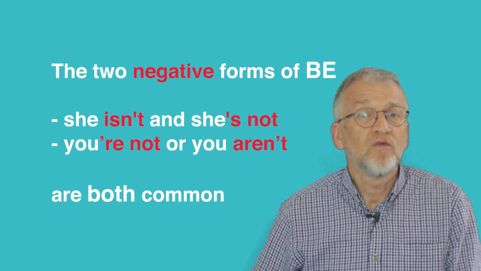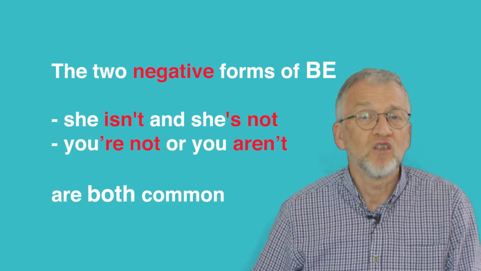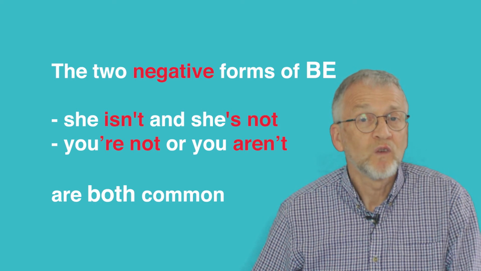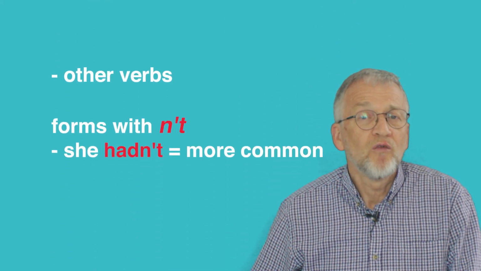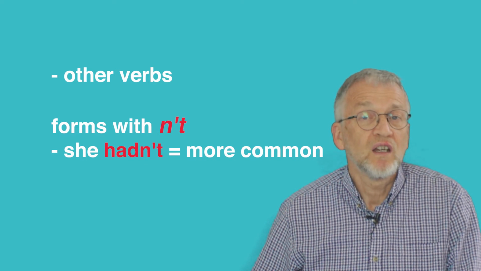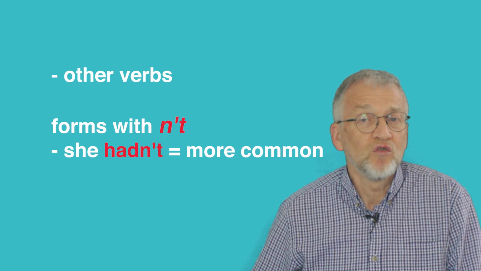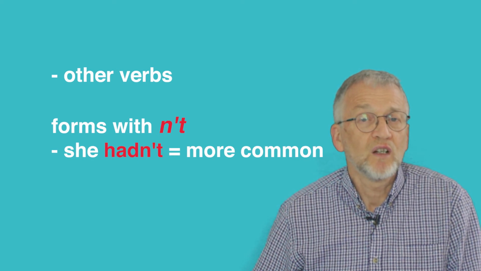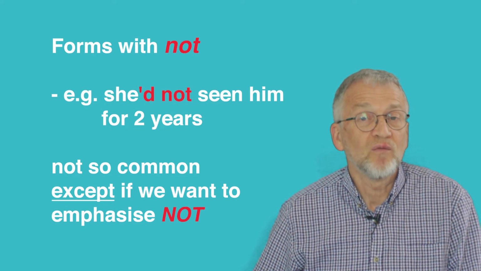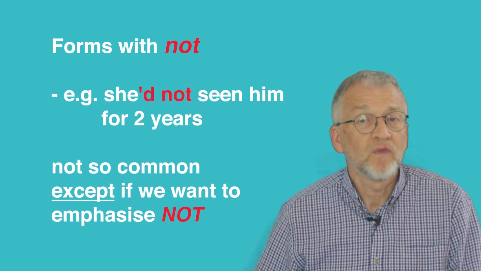The two negative forms of be, for example, she isn't and she's not, and you're not or you aren't, are also both common. With other verbs, forms with the n apostrophe t in the negatives, for example, she hadn't, are more common to use in the shorter form, yes, okay.